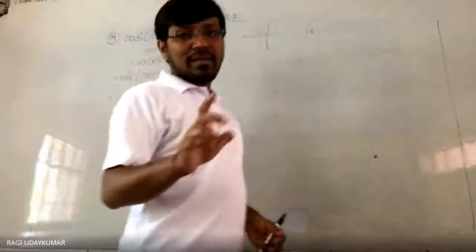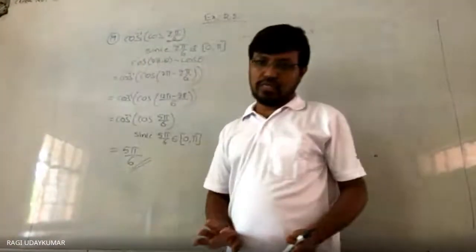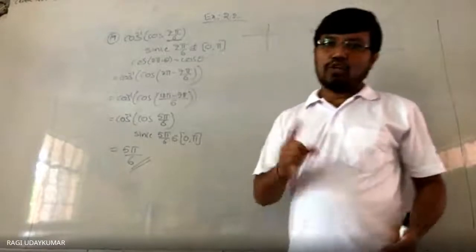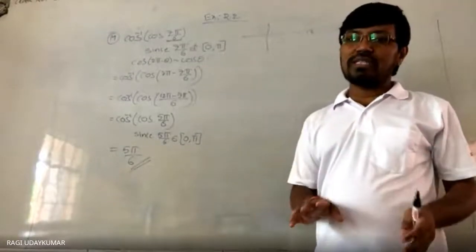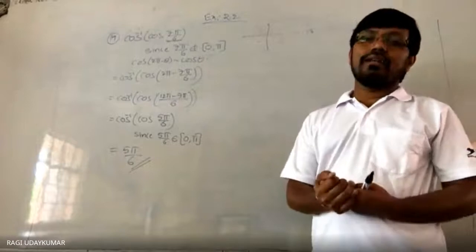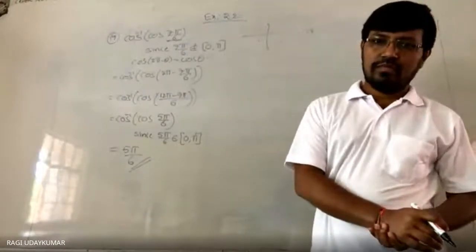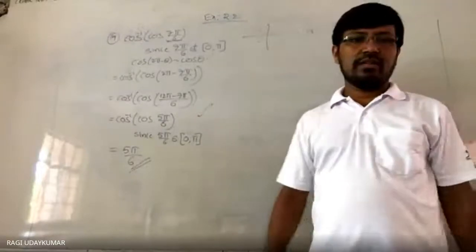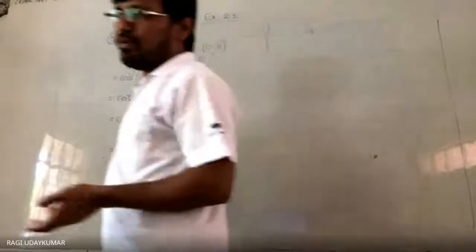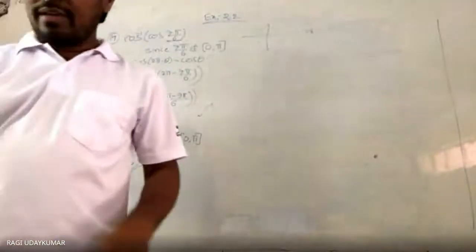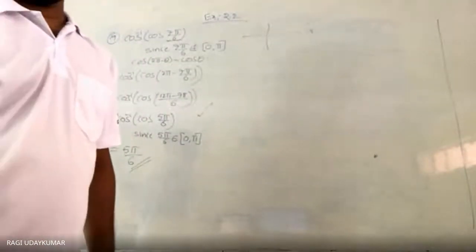And in every form, remember that either pi or 2 pi you have to use. If you use that, then only you can do the remaining problem. Okay? Did you understand this one? If you want, please note down. This is a very important problem, and most of the students will get confused with this problem.